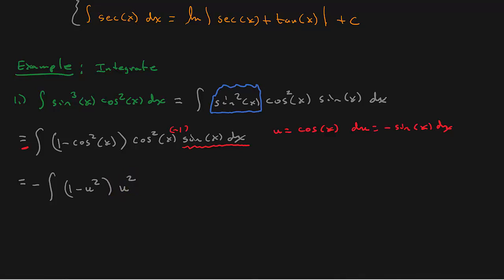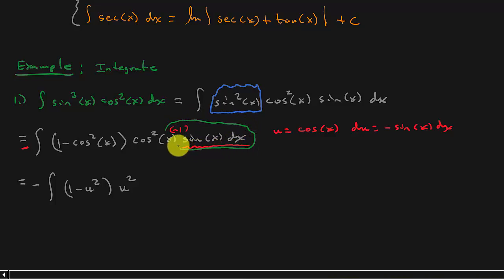And then look at this. All of this right here, this negative sine x dx, I'm going to replace with du. And so that's going to be negative integral of u squared minus u to the 4th du. You don't really need to do it, but I'm going to distribute this negative so I don't have to worry about bringing it along.